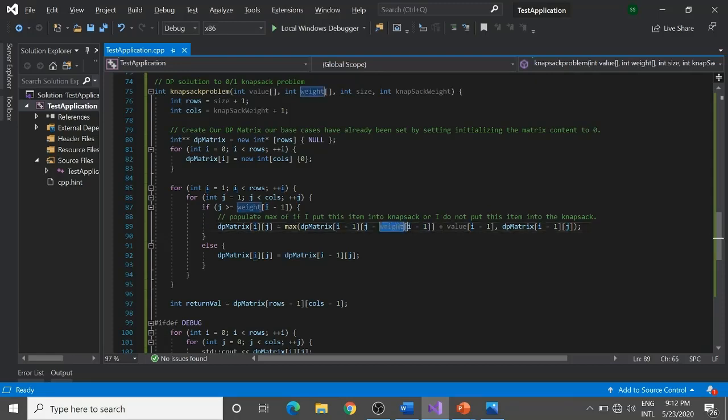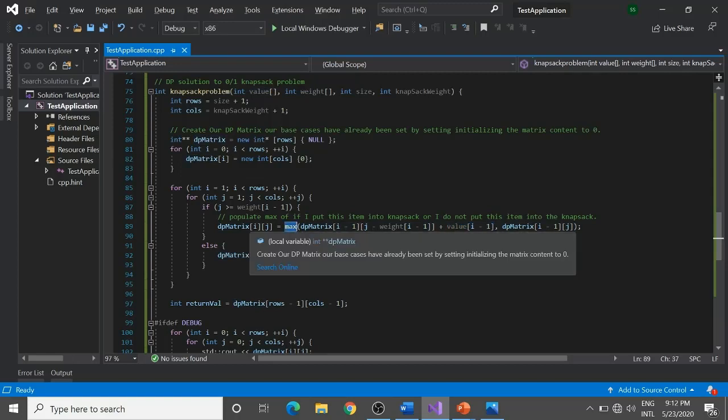Weight of i minus 1 is the weight of my current element, and this is its value. I am adding that value to it. I just recurse for the remaining elements for the remaining knapsack weight, and whatever the answer to it, just add the value of my current element to it and take the max of it, and that would be my answer to the current recursive call or the current subproblem.